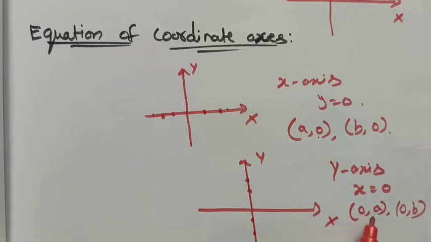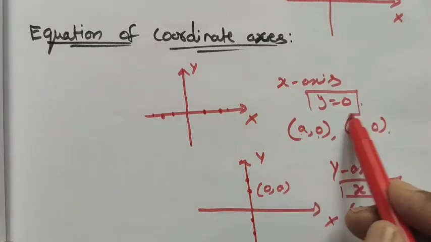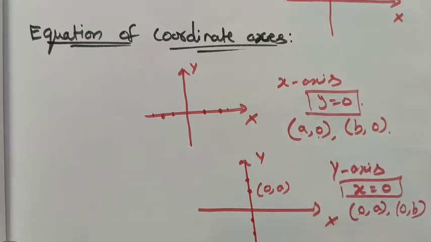All the coordinate points have x value equal to 0. If the point lies on the y-axis, we call it 0 comma 1, 0 comma 2, 0 comma 3, whatever the points may be. So on the y-axis, the coordinate point will have x equal to 0. If it lies on the x-axis, the value of y is equal to 0.